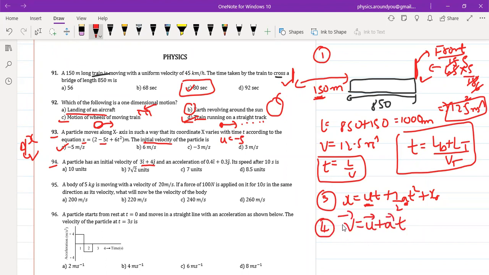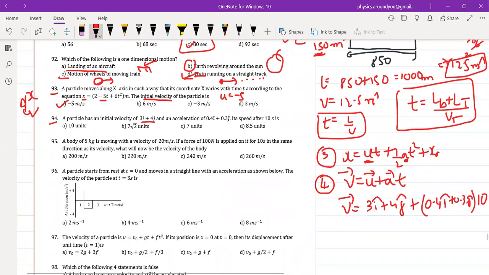So what is the v vector? The v vector is what we have to find out after 10 seconds. The u vector is 3i plus 4j, and the acceleration vector is 0.4i plus 0.3j, and then we multiply it with t, which is 10.